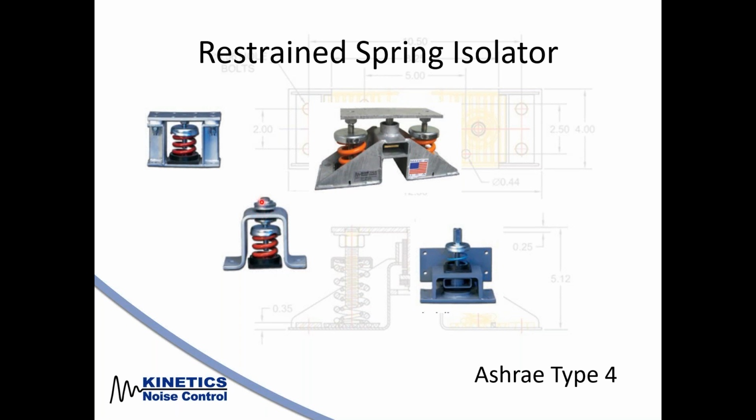But if an earthquake were to happen and shake around, this bolt's going to catch inside this snubber here and stop the equipment from moving around too much. So you can see there's different types of isolators that are restricted and restrained for seismic or wind. This one has a cavity in the middle, and your snubbing element sits right in the middle of the cavity, and that would again restrain the equipment from moving.